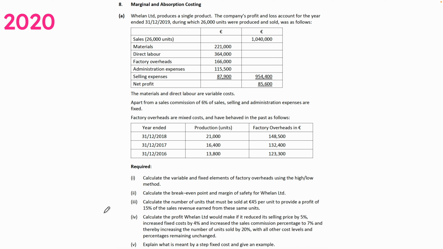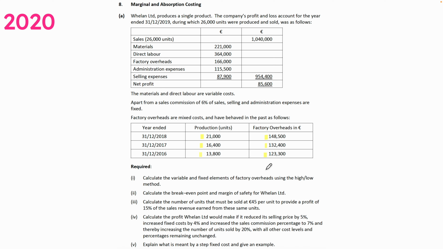Year ended 31st the 12th, 2018, we have a production of 21,000 units and the factory overheads in euros, 148,500. The year ended 2017, you had 16,400 units and €132,400. And then the year ended 2016, 13,800 units and €123,300.